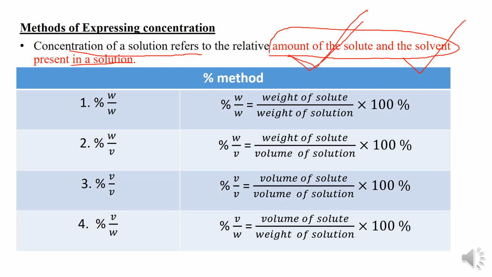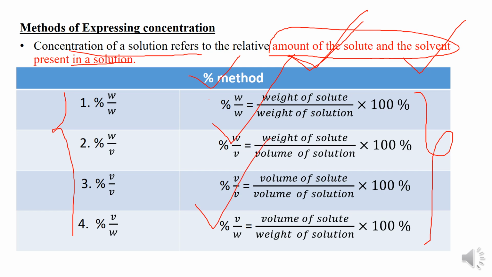And the percentage method is one of the important methods for the expression of concentrations: percentage W/W, W/V, V/V, and V/W. Here are different formulas for the calculation of percentage compositions. You have to remember these formulas to solve any type of numerical question.